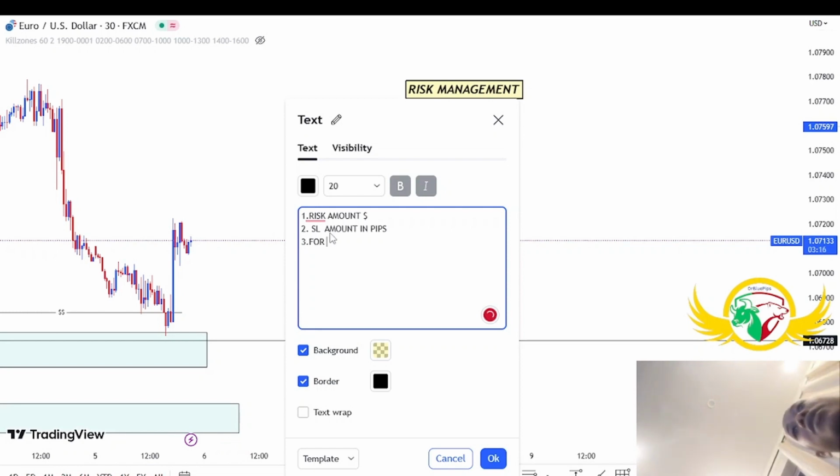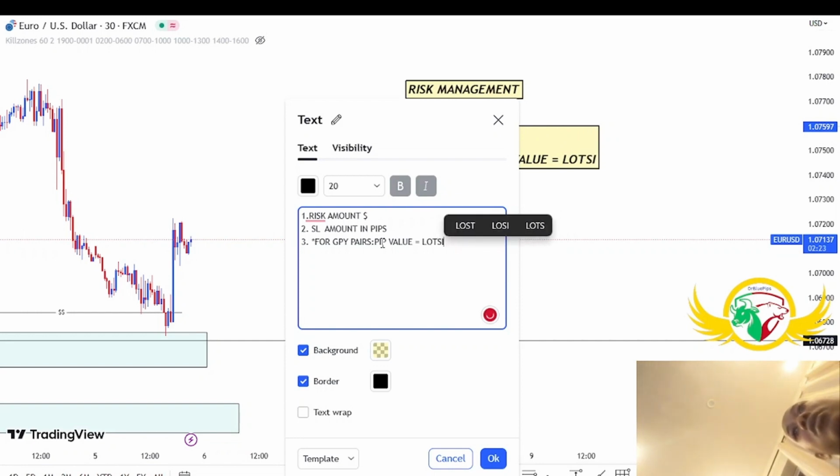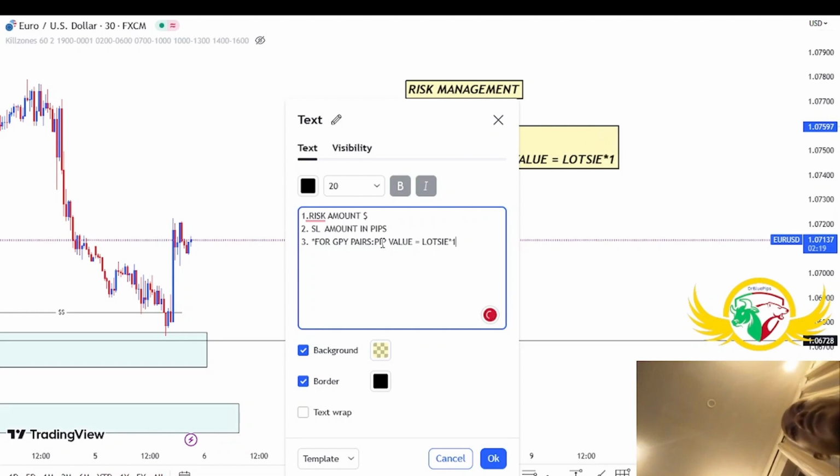So for GPY pairs, lot size, PIP value equal lot size times 7.415.